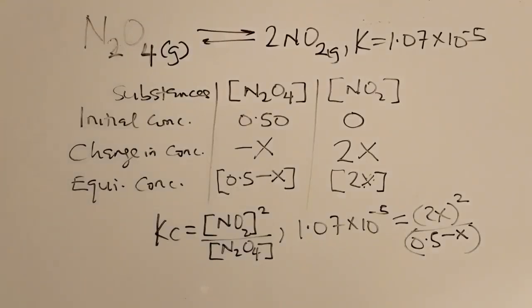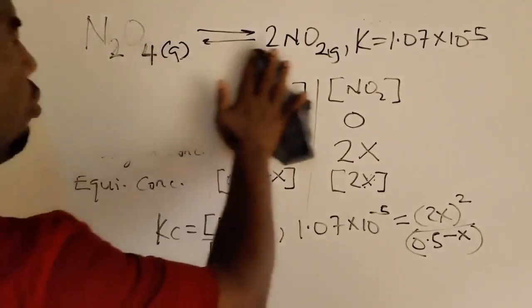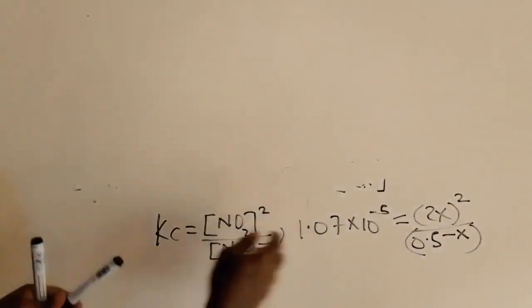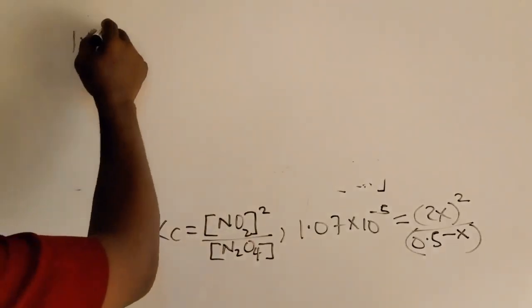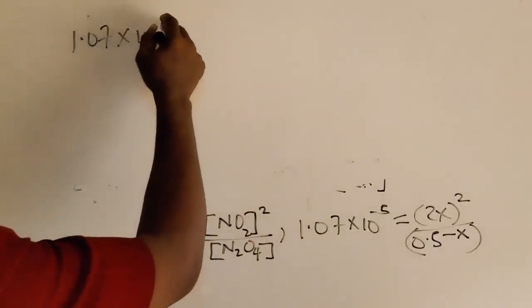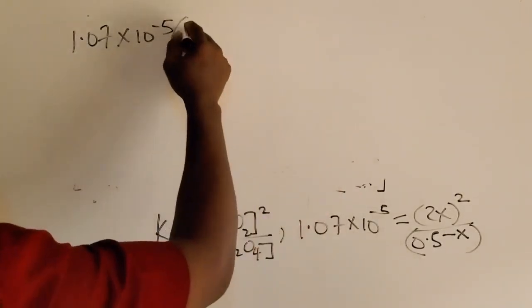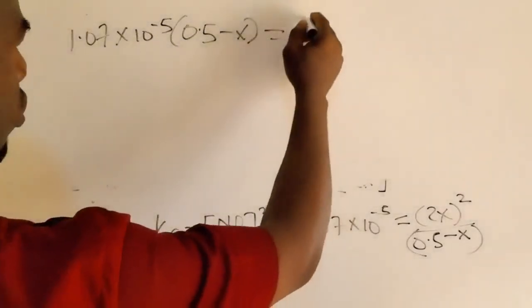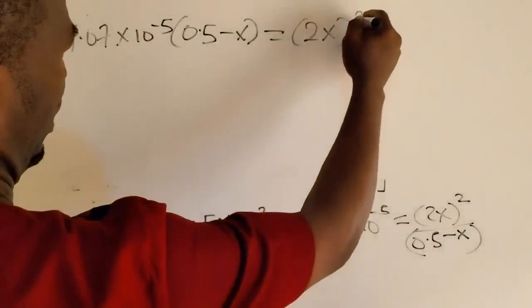The next thing, let's write the upper table. We then cross multiply. So we'll now have 1.07 power minus 5 into 0.5 minus S equal to 2S all squared.